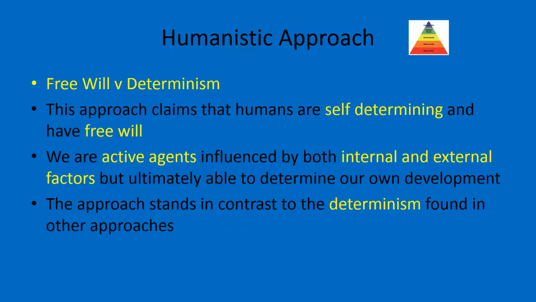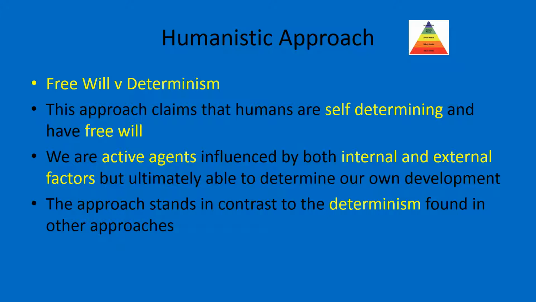So one of the big features that is different in this approach compared to others is the idea of free will. In the other approaches, there was all manner of different types of determinism, that sort of concept which says that there are underlying structures or underlying processes going on which take away your ability to choose your actions. They might be genetic factors or sometimes social factors, but normally genetic of some sort.